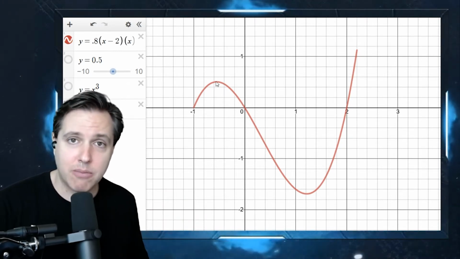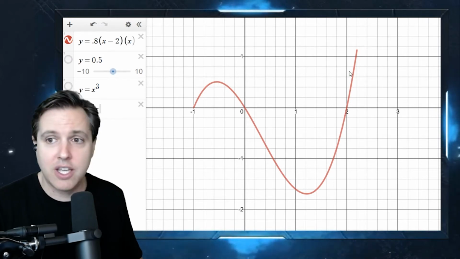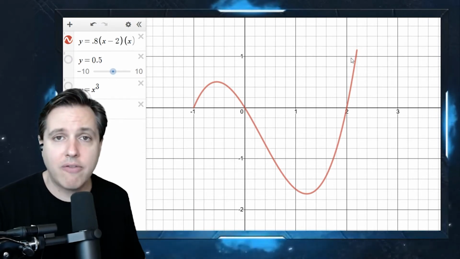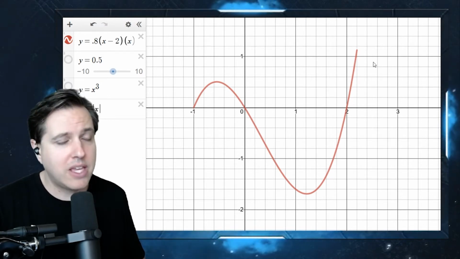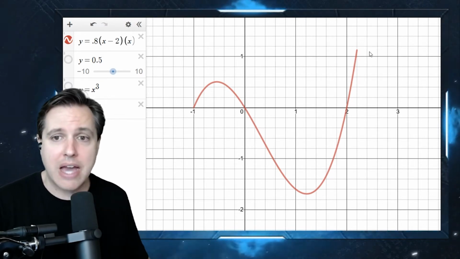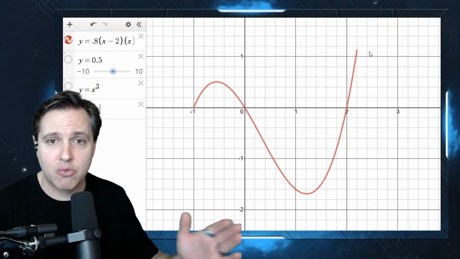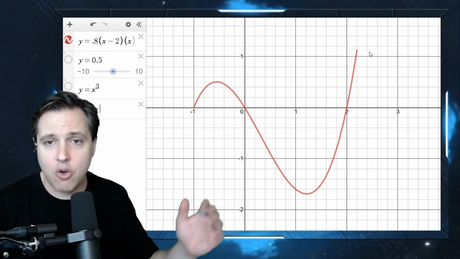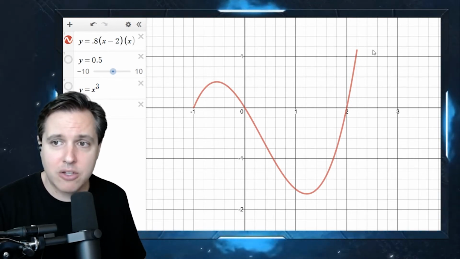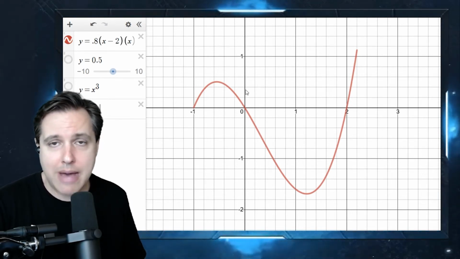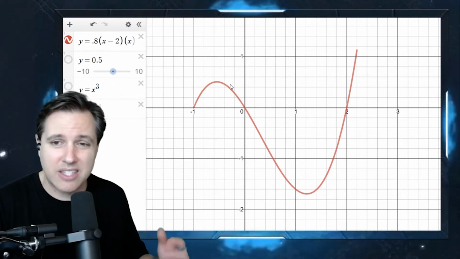Now, it's not the maximum for the entire curve because over here we get a higher y value, a larger maximum. So this area right here would be the absolute maximum for the function the way I have it, where it doesn't go on forever in either direction. We've chopped it off. This would be the absolute maximum. This would be a local maximum. Okay, so that's the difference between those.